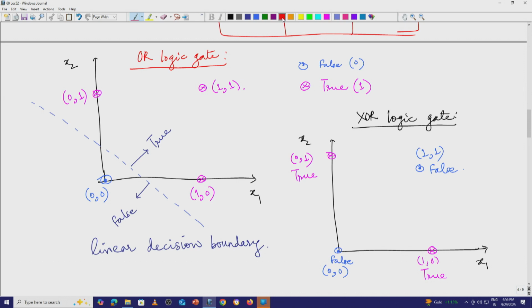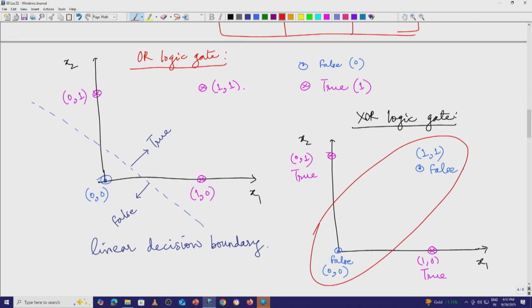will not be able to draw one straight line which is going to be able to separate this into two different classes. For example, if you take this line, then you have both true and false above and both true and false below. So, clearly it will not work. You can try various other lines, and the only possible way in which you can make this work is, for example, to have a non-linear decision boundary, for example this, right.